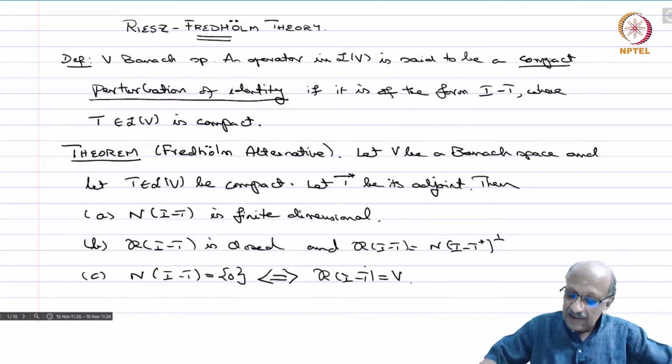So this is exactly like in finite dimensions: I minus T is one-one if and only if it is onto.